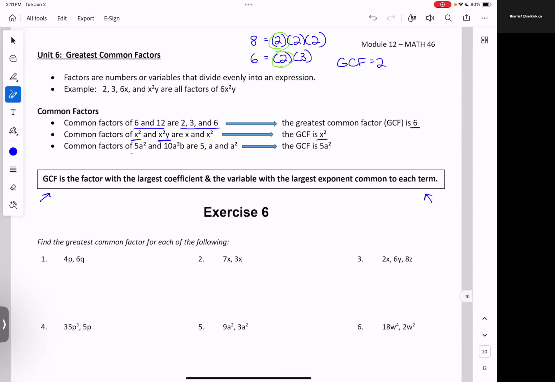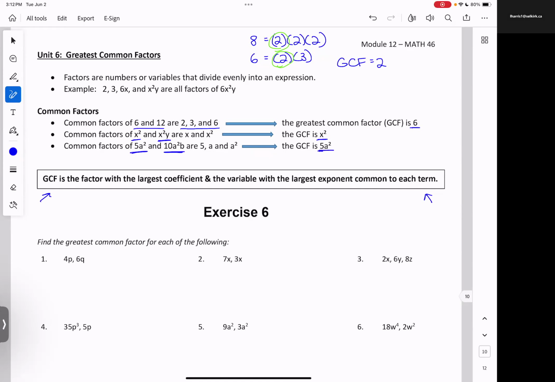And if you have 5a squared and 10a squared b, then common factors would be 5a and a squared, because we can divide both of those terms by those factors evenly. The greatest common factor, well, the coefficient will be 5 because the greatest common factor of 5 and 10 is 5. And then if you have a squared and a squared b, you want the common variable with the highest exponent.